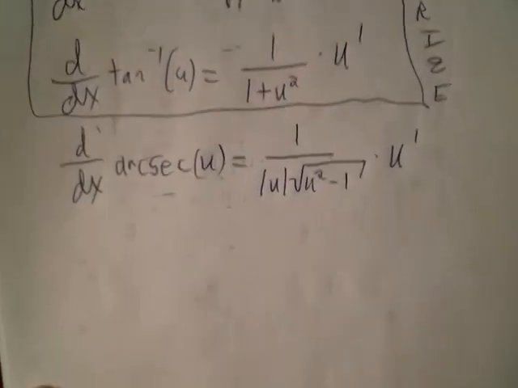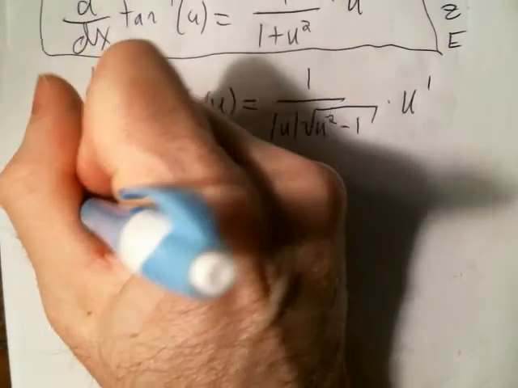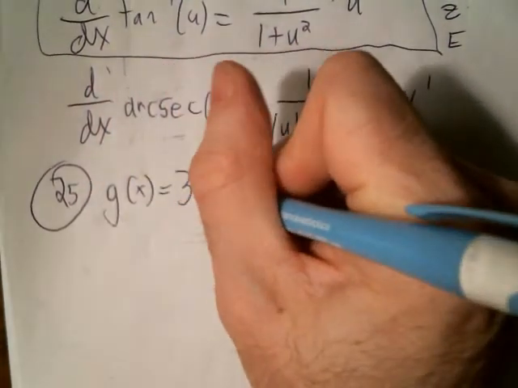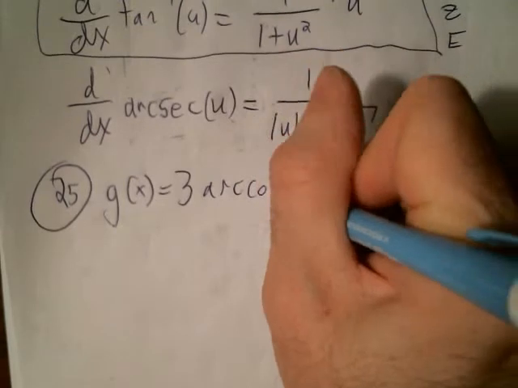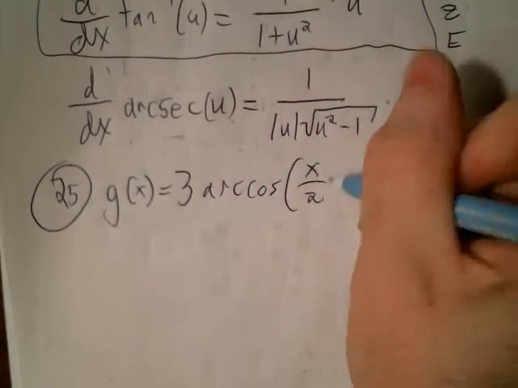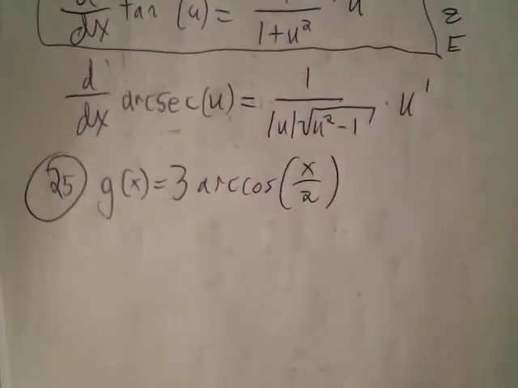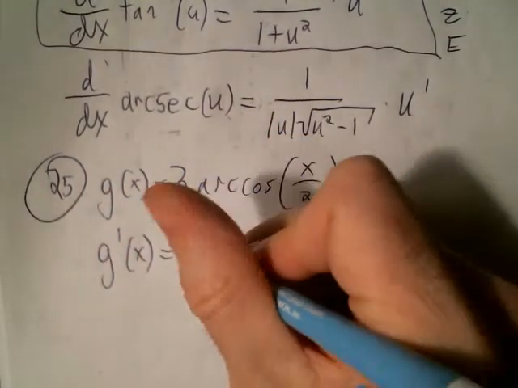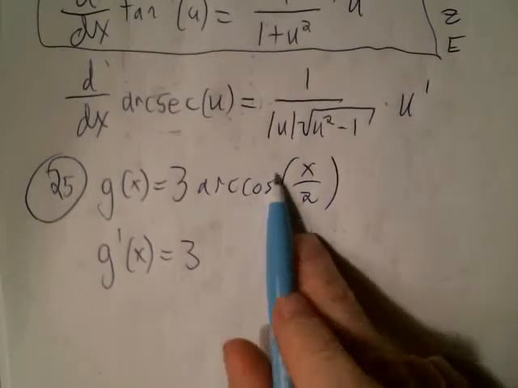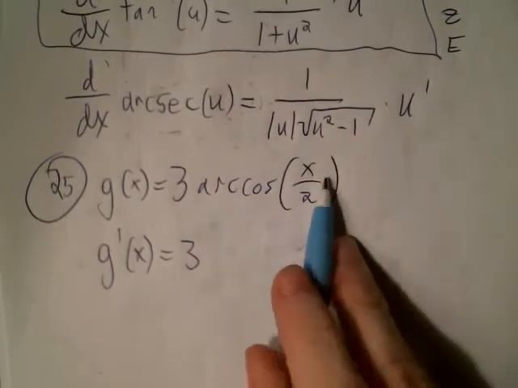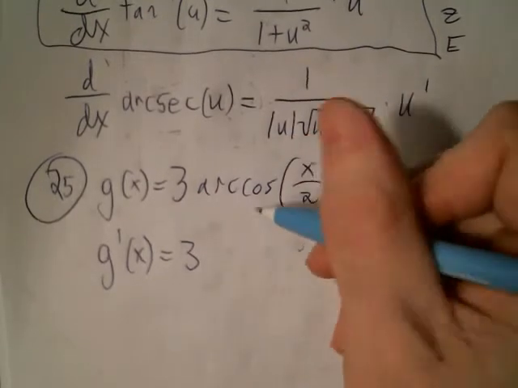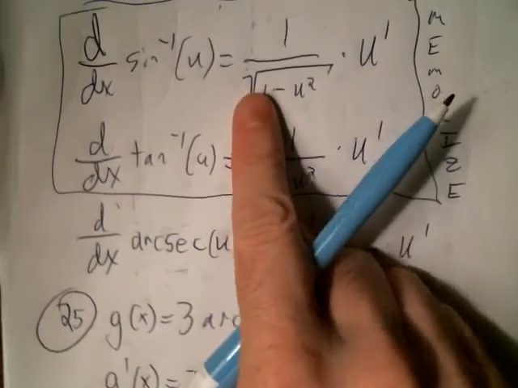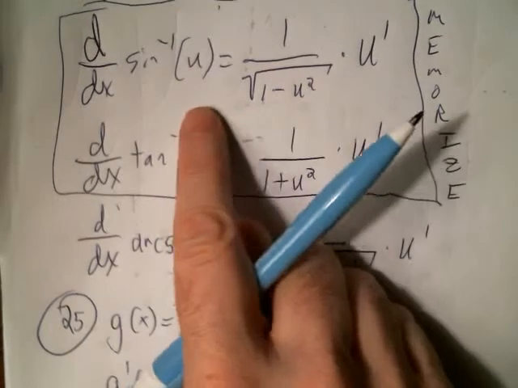Okay, so let's actually find the derivative of some of these. Number 25, we have g of x equaling 3 arc cosine of x over 2. So g prime of x, leave 3 alone, so we have 3, and then the derivative of this, where our u is the x over 2 in this case. I didn't include the arc cosine formula up here, but it's just the negative of sine inverse.